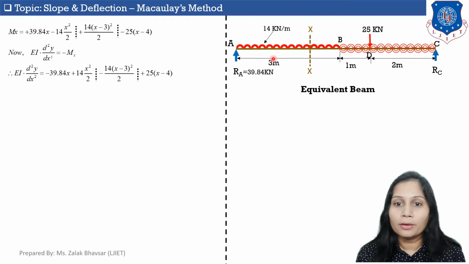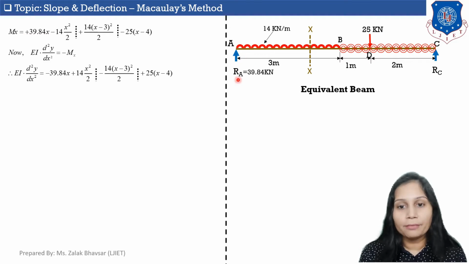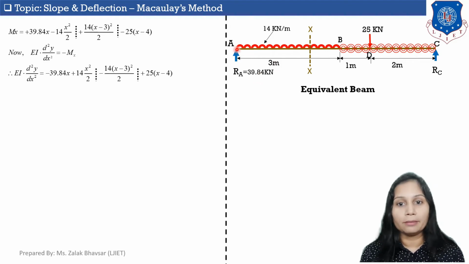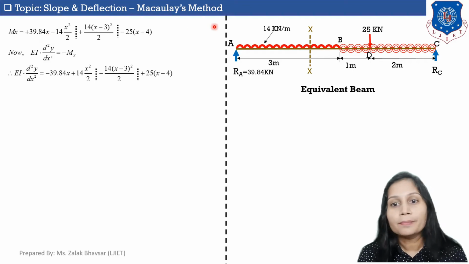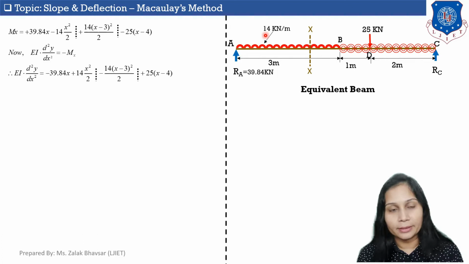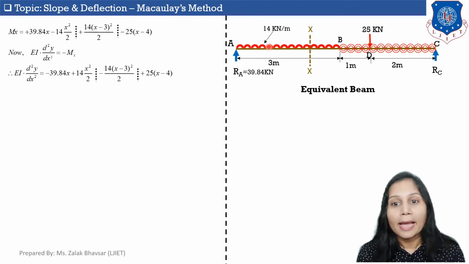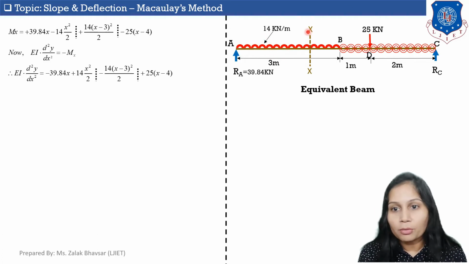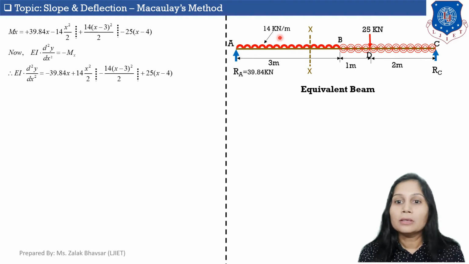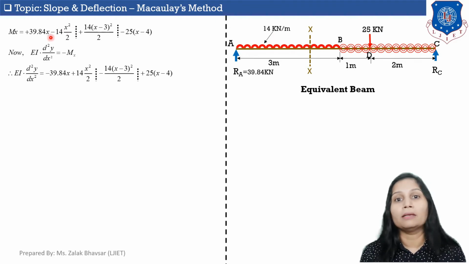Now the moment of this RA will be equal to 39.84, which is the load, into distance. The distance between point A and this section is x meter, so 39.84 into x. Now this 14 kilonewton UDL is acting in a downward direction and it will create an anti-clockwise moment about this section, so for this UDL I am putting a minus sign.